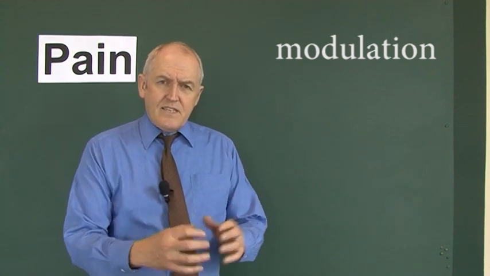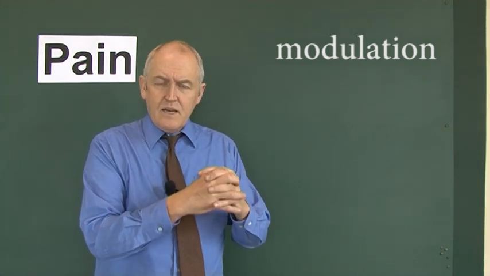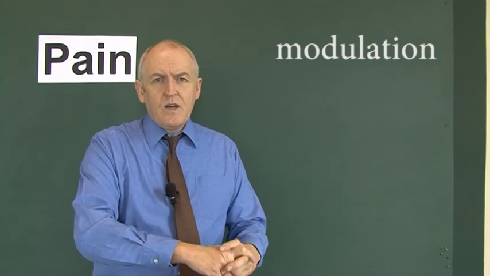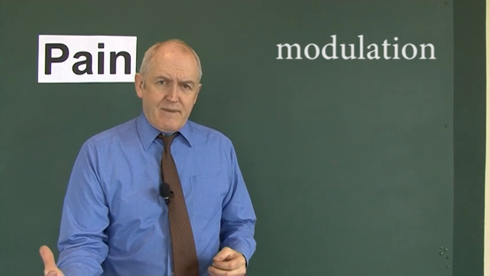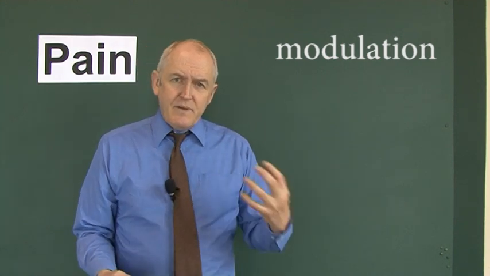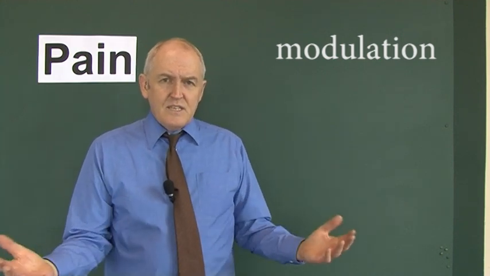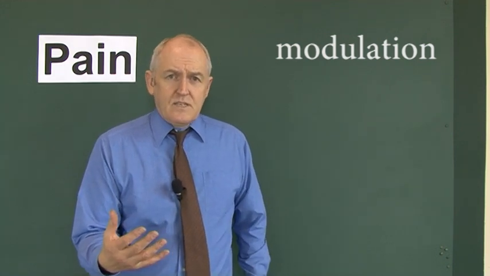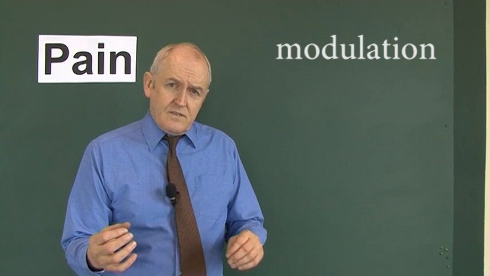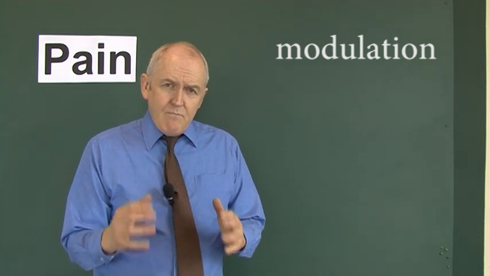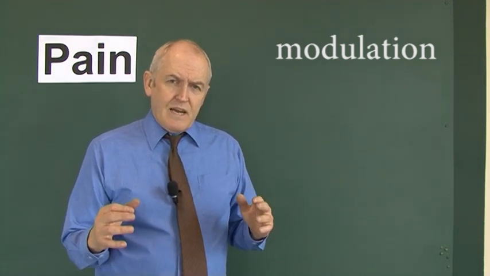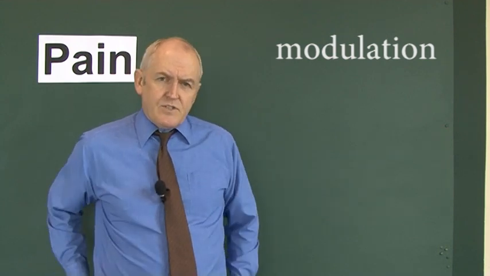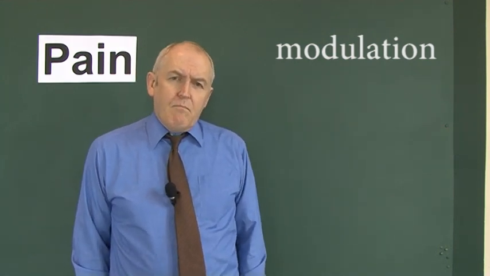There are many factors that can reduce the amount of pain a patient experiences for a particular amount of tissue damage, or there's factors that can increase the amount of pain. So the amount of pain can be increased or decreased depending on various circumstances. And again, we're going to look at these later in this DVD. But remember, pain and tissue damage, the relationship is not simple, because a painful stimulus is modulated.